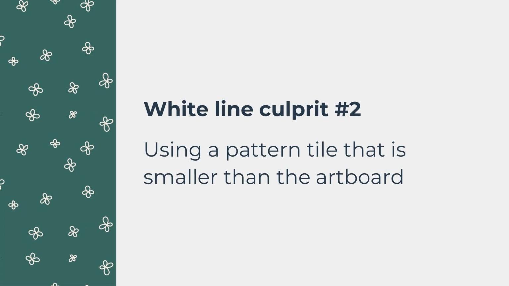issue. Another cause for white lines is using a pattern tile that is smaller than the artboard. So let's say you're creating a full page repeat pattern and you've imported a JPEG or PNG pattern tile to place them side by side. If the pattern tile is enlarged at all, you likely won't achieve a seamless repeat.